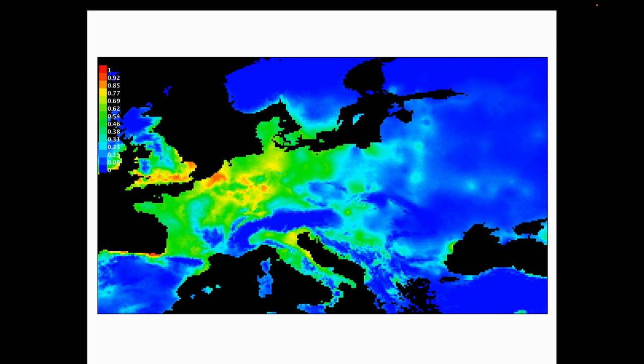Again, I don't ever say that species distribution modeling tells you the probability of finding a species. It does not. But it gives you a map like this where the redder areas are the more suitable habitat and the bluer areas are the less suitable habitat. Here's the Alps. So the species does not have suitable habitat in the Alps.